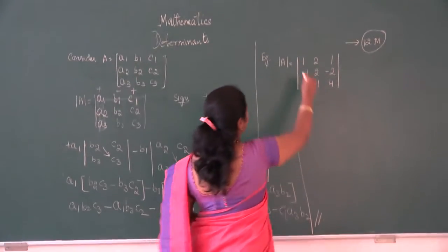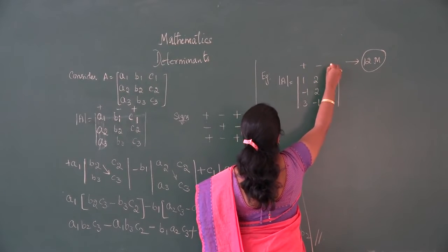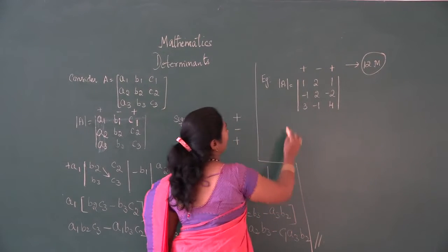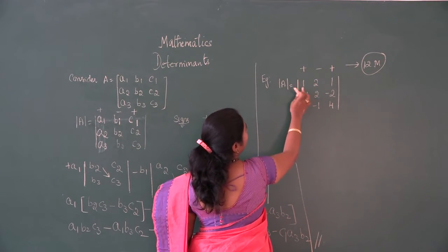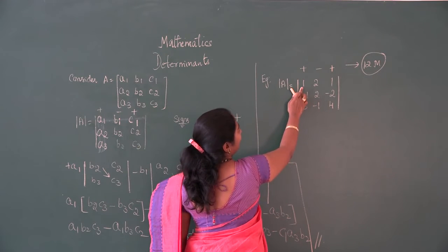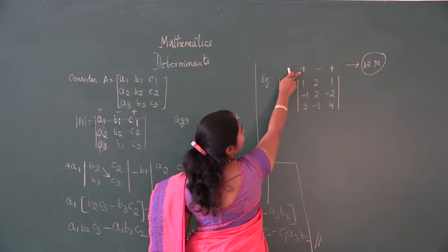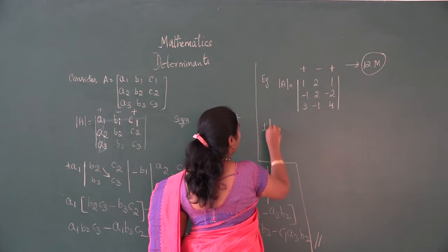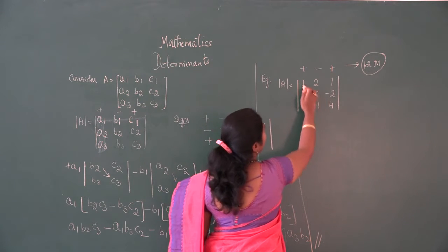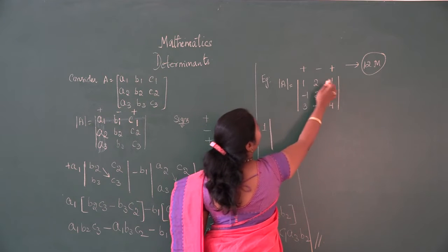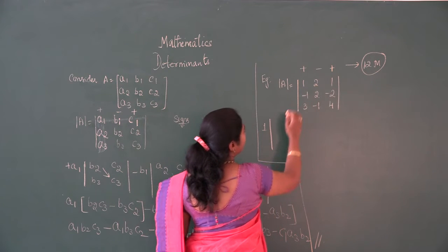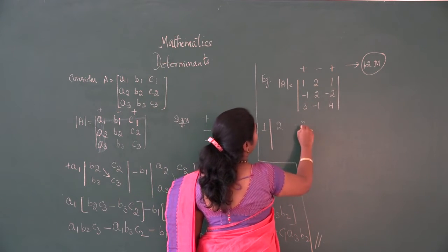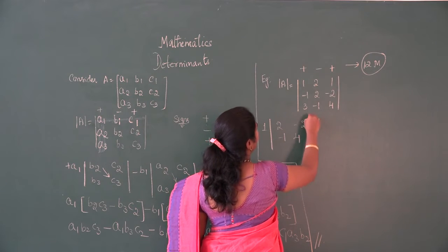It is nothing but plus, minus and plus. So when we consider the first element, that is 1, what is the sign associated here? Plus. So it will be plus 1 into. Leave the first element's column and row. What is left out? 2, minus 2, minus 1 and 4.